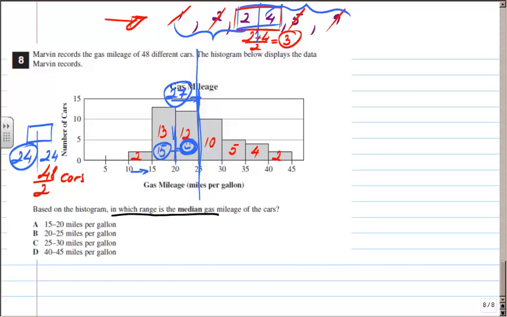This is the interval that will have my median gas mileage for the given cars: 20 to 25 miles per gallon. Looking at my answers, the answer is B. That's where my median gas mileage is located.